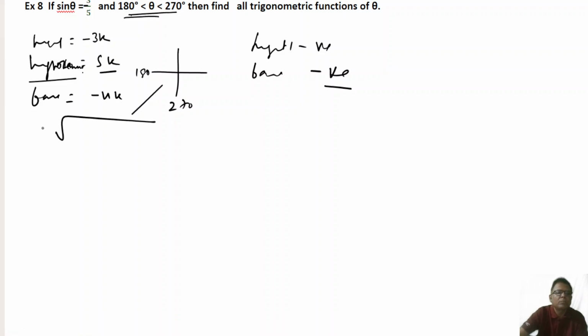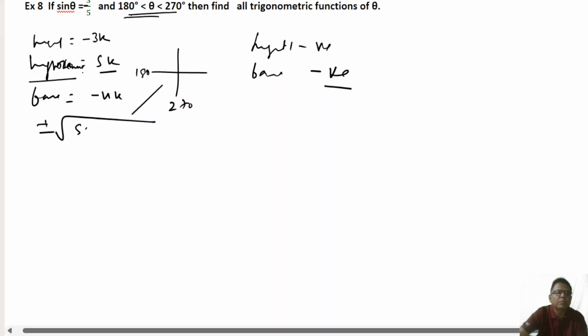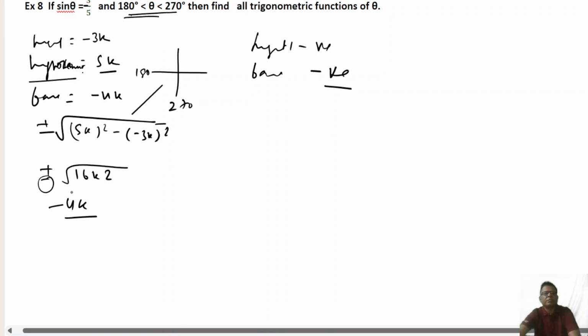How? Root over plus or minus of 5k the whole square minus 3k the whole square, that is equal to plus or minus root over 16k square. So definitely we will have to take minus only. So minus 4k is the base.